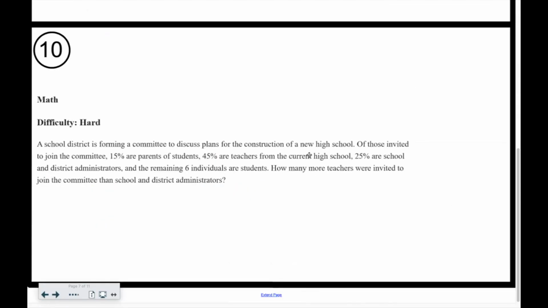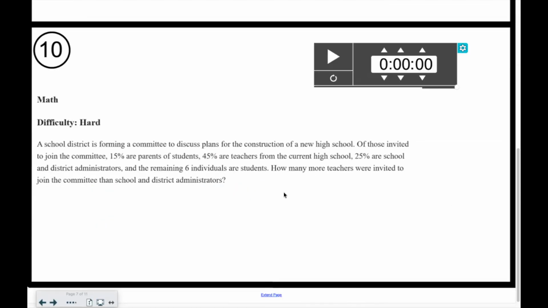Okay, so here. All right. So this one, we have to add these percentages up because we need to know what percent the remaining are. If you add up 15, 45, and 25, you get 85%, which means the remaining is 15%. So these 6 individuals represent the other 15% of the population.